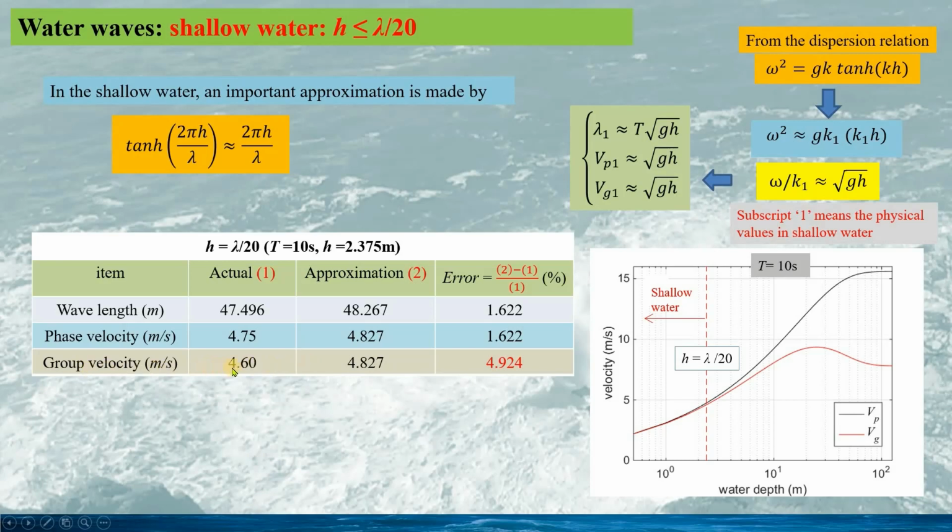It can be seen the errors for these parameters would be 1.6 to 2% and 4.9 to 4%. So this is still acceptable for engineering applications. And this shallow water condition corresponds to the shallow water wave condition given by h equals lambda 0 divided by 65, where lambda 0 is the wavelength in deep water.